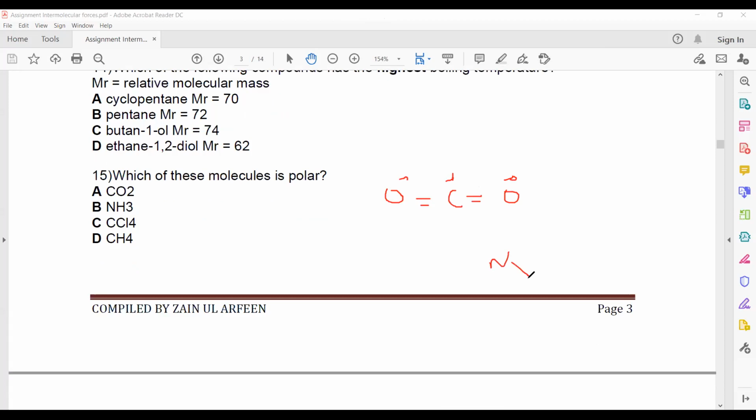But in ammonia, the molecule is polar, so B is the right answer. Carbon tetrachloride is non-polar because it is a symmetrical molecule, with identical geometry, same structure. And methane is also the same thing.